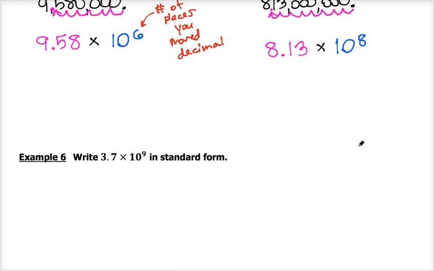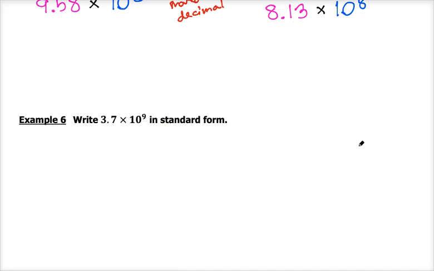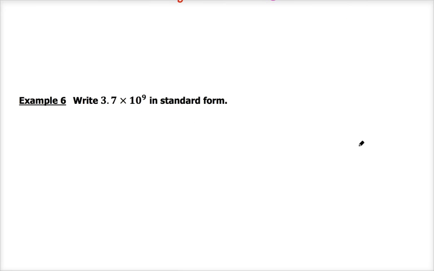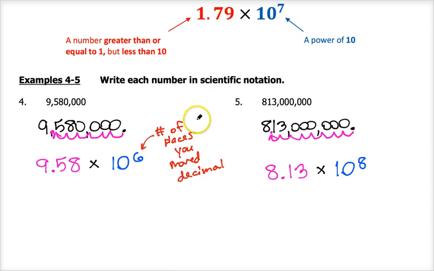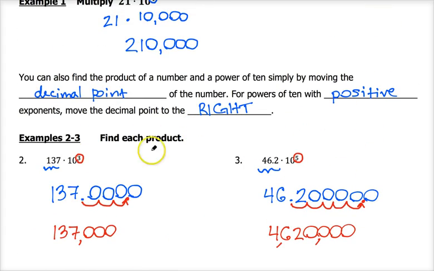Okay, in this last example, we're going to do the opposite of what we did in those previous examples. I'm going to take the scientific notation, 3.7 times 10 to the 9th, and write this number in standard form. Well, this is the exact same thing as what we did in examples 2 and 3.